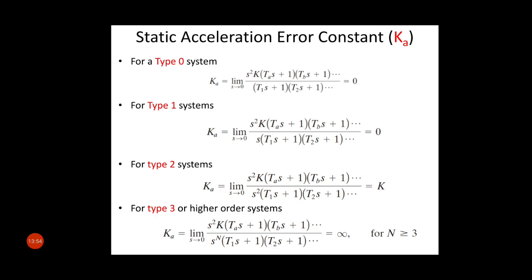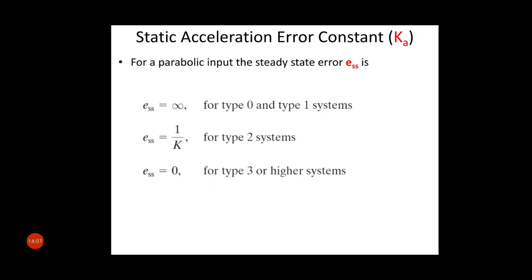For type 2 system this static acceleration error constant is K, and type 3 or higher order system this static acceleration error constant is infinite. So for parabolic input the steady state error ESS is equal to infinite for type 0 and type 1 system, and 1 by K for type 2 system, and 0 for type 3 or higher order system.